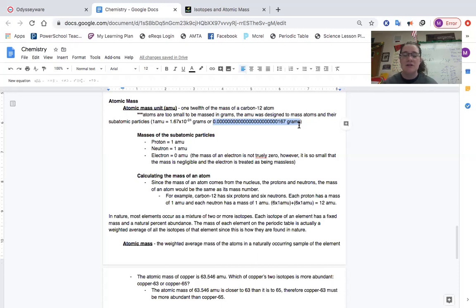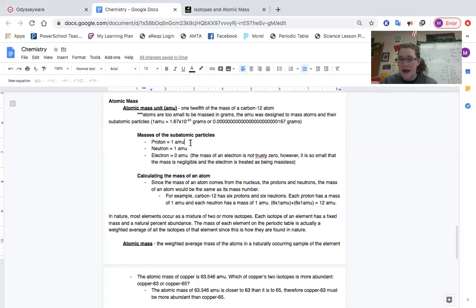Just in terms of our subatomic particles, what are the masses of those? Over time, scientists have been able to identify those masses. The mass of a proton is approximately 1 AMU. The mass of a neutron is also 1 AMU. And electrons are a very small fraction of the mass of a proton, so their mass is really, really small.